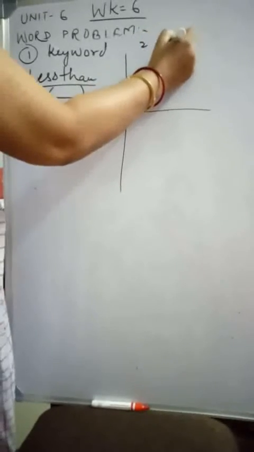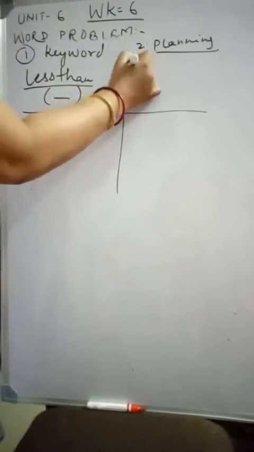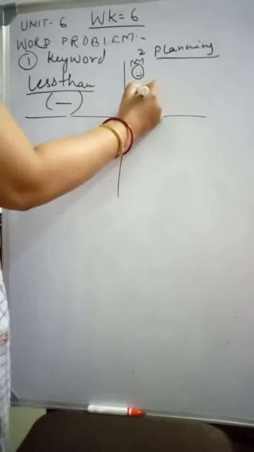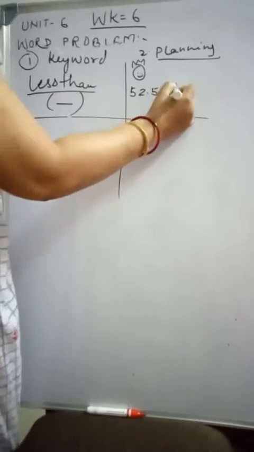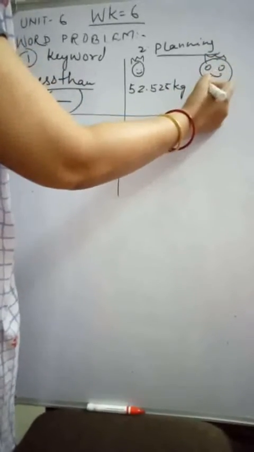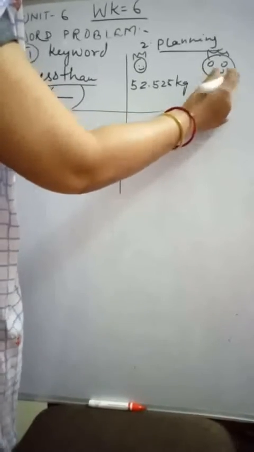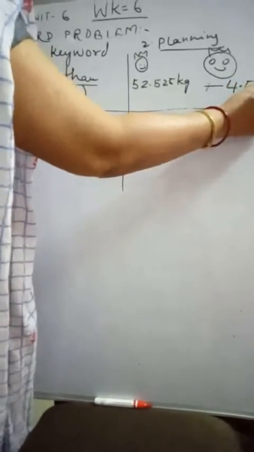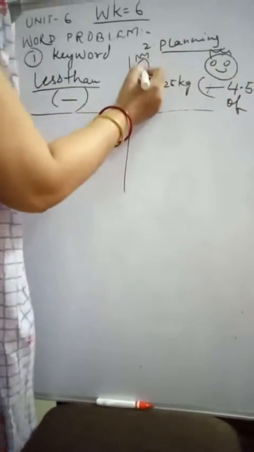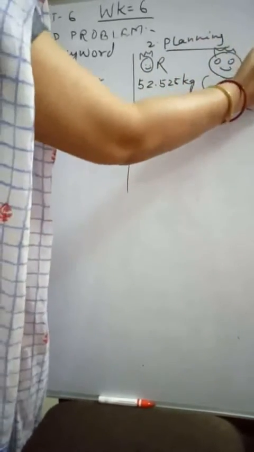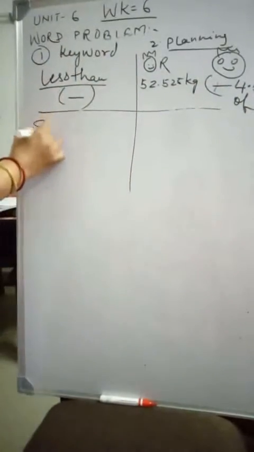Now let us do the second step, planning. Planning is we will draw the picture. For example, this is Rahul. What is the weight of Rahul? 52.525 kilogram. And his brother's weight is 4.5 less than. 4.5 less than means minus 4.5 kilogram, of Rahul.